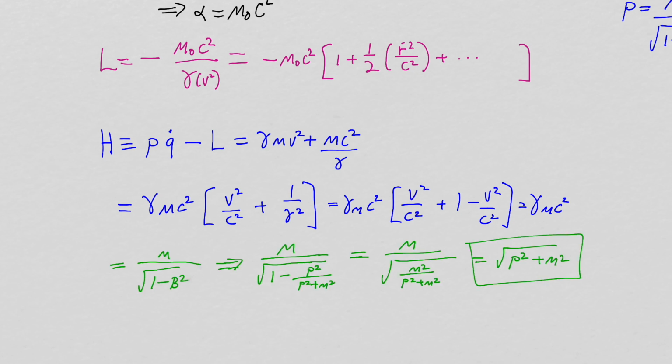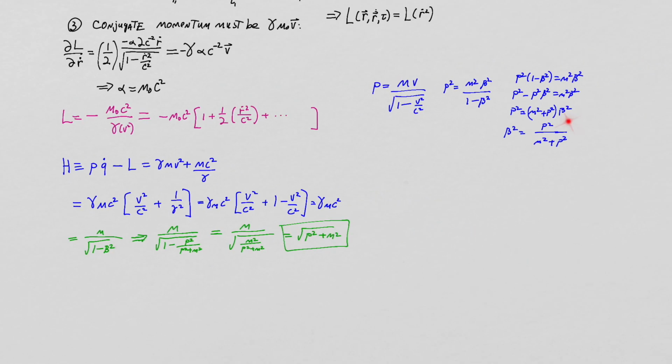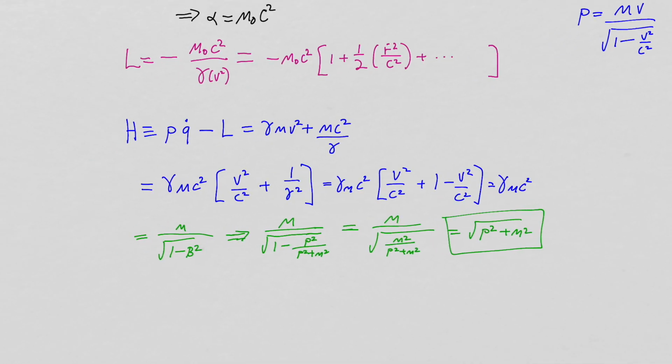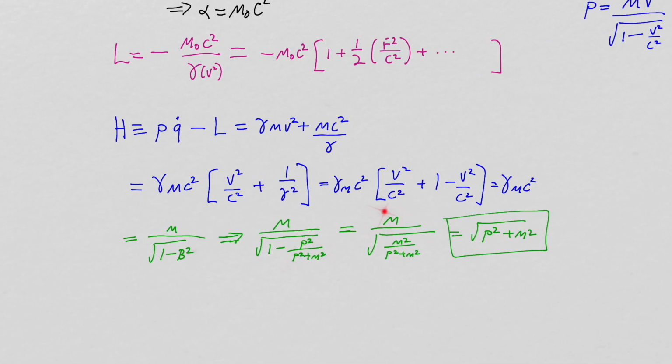And if we really push that, this becomes m over 1 minus beta squared, in units where c squared equals 1. And then for that beta squared, I take this guy that I calculated, beta squared equals p squared over m squared plus p squared, and I get m over square root of m squared plus p squared, and I end up with the Hamiltonian, or the total energy, is the square root of p squared plus m squared in units where c equals 1.